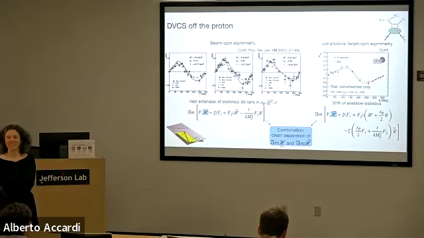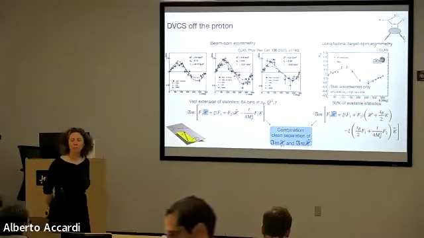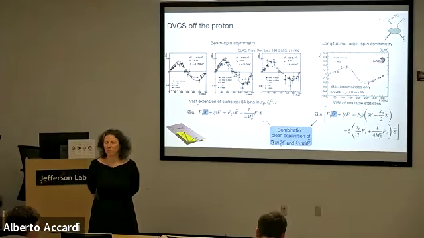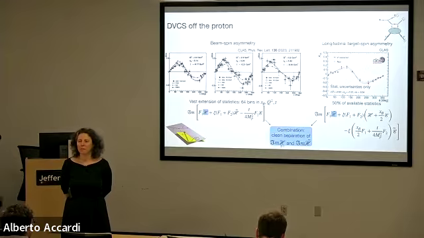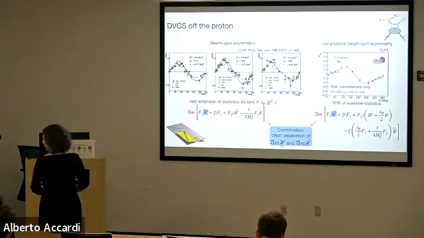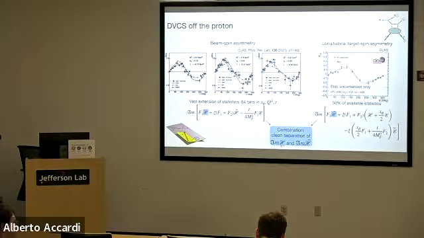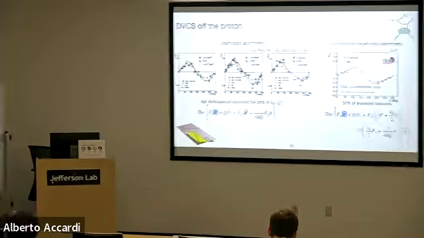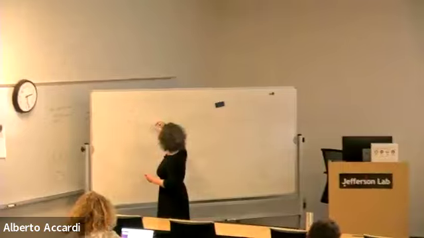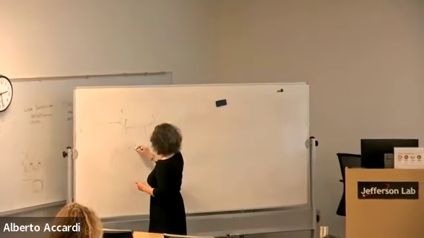Great. I guess, could you maybe repeat, I missed this, what the form factors or convolutions of the GPDs are with what other object? The hard scattering. Let me maybe just write it down. I didn't want to put too many formulas, but it doesn't always help. So this is your incoming and outgoing photon. This is your incoming and scattered electron, your virtual photon, and your photon, and these are your GPDs.